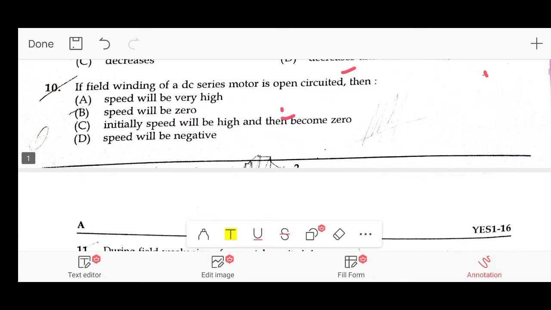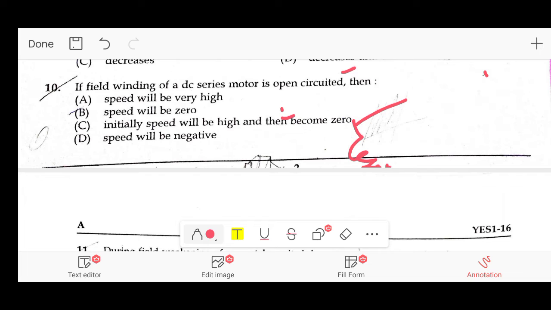Next, the 10th question. If the field winding of a DC series motor is open circuited, then, now we see the series field winding. In a series motor, the field winding is connected in series with the armature. The motor should have field winding as well as armature winding.